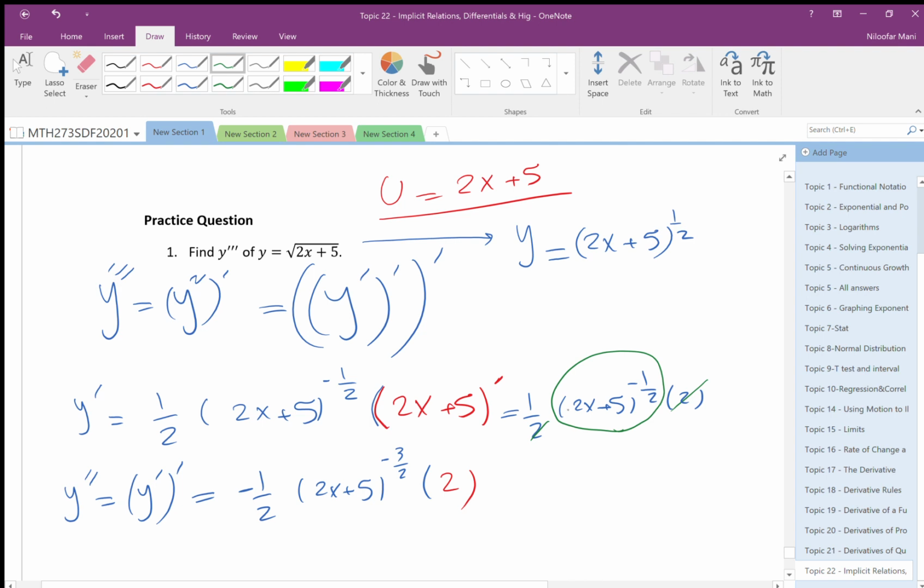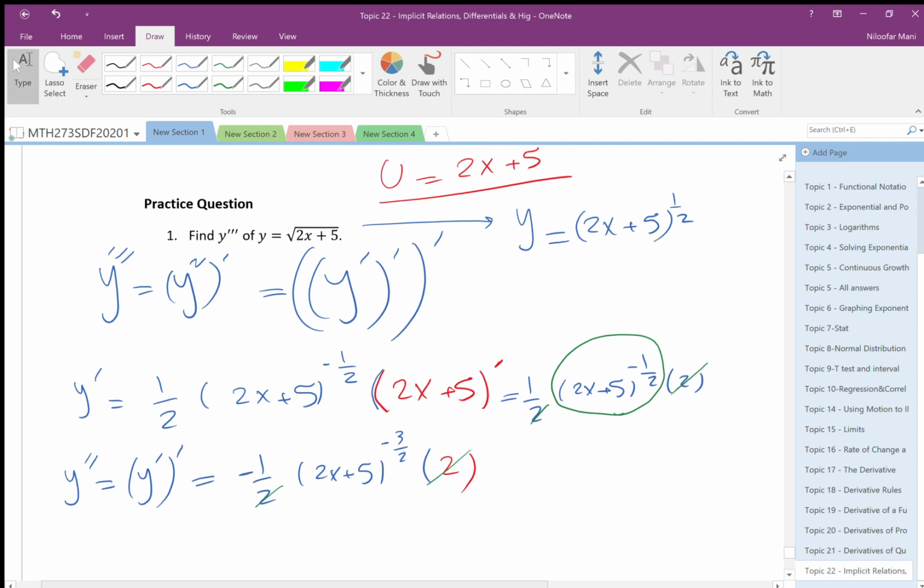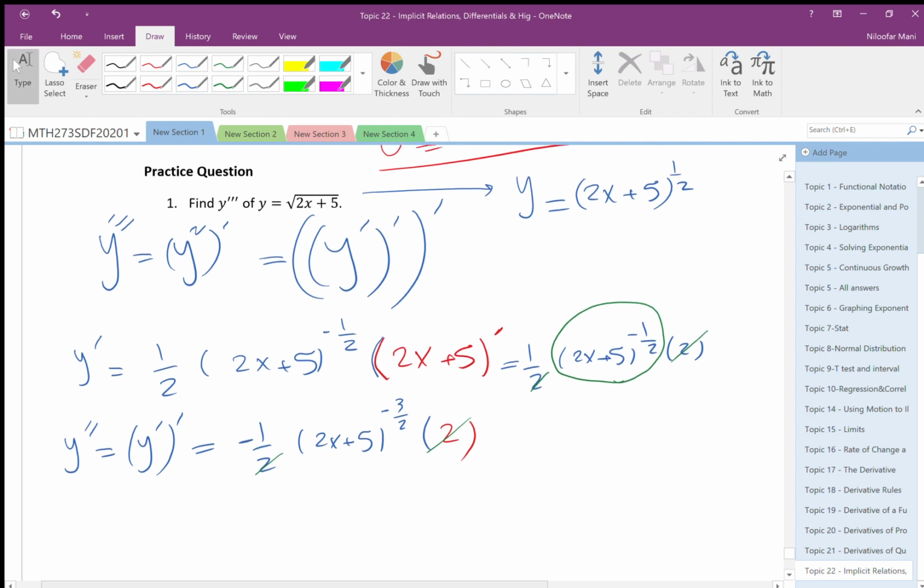Let me see if I make a mistake here. So far so good. Again I do minus 1 over 2 and I cancel. So this is the second derivative.